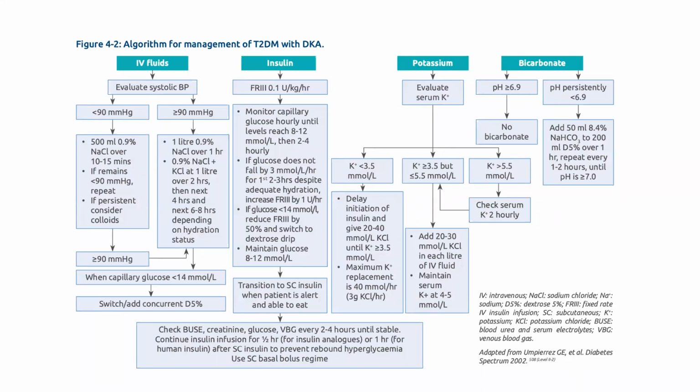If it's more than 5.5, we do not need to give any correction, just recheck serum potassium 2 hourly to ensure that the insulin is not washing out too much potassium from the body.